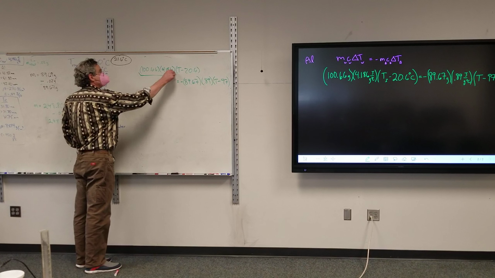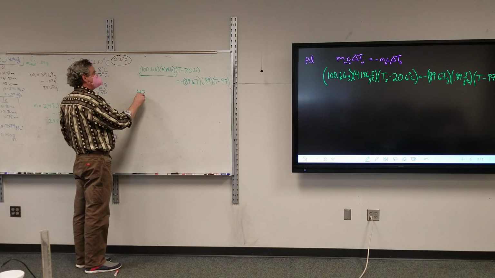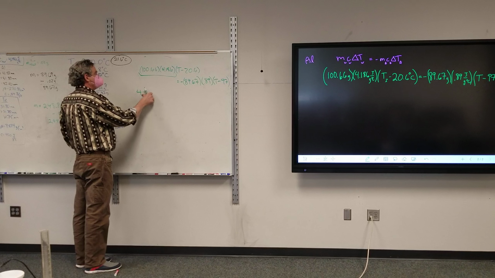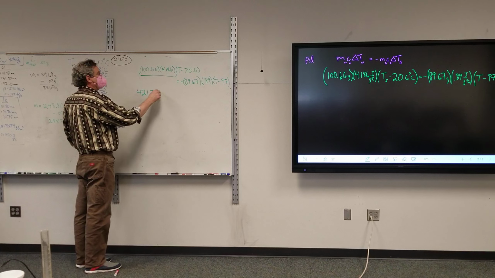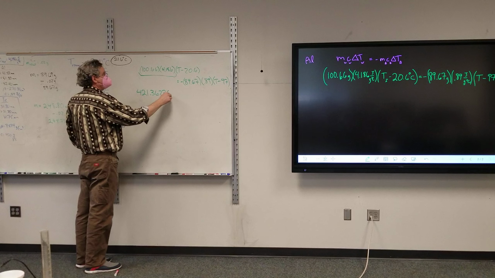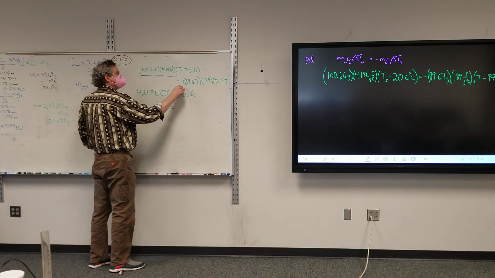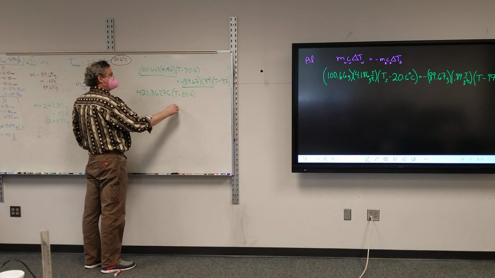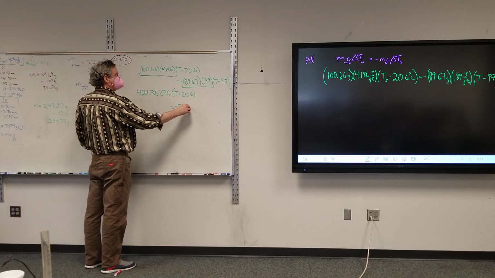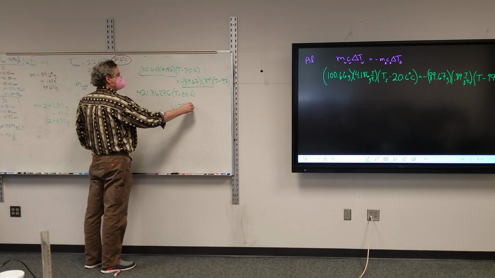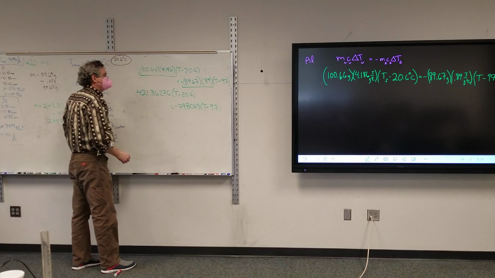All right, so what is that right there? 421.36276 times T minus 20.6 equals, and then this, negative 79.8063 times T minus 97. Now distribute.